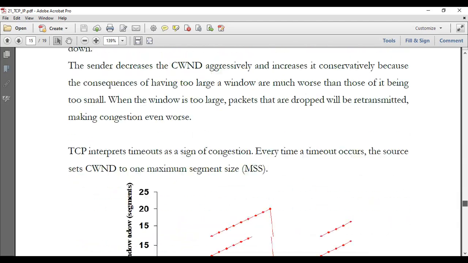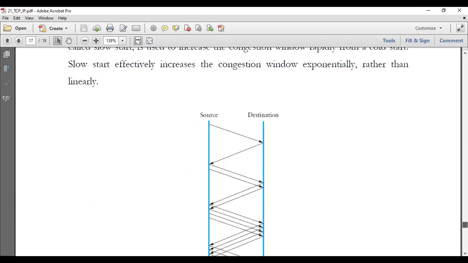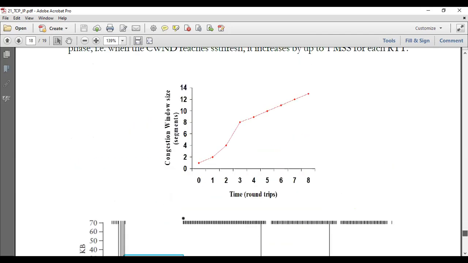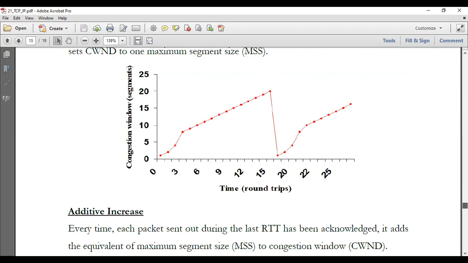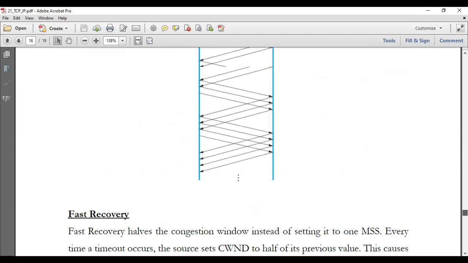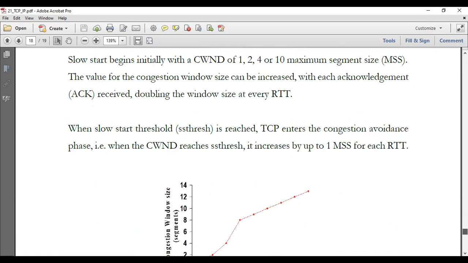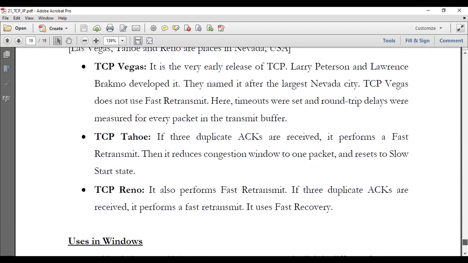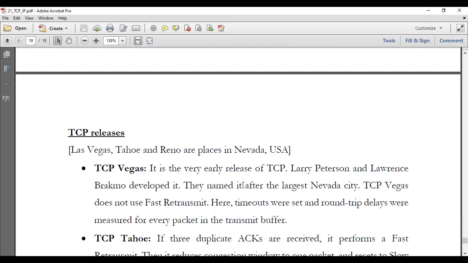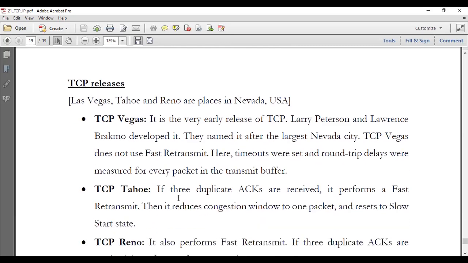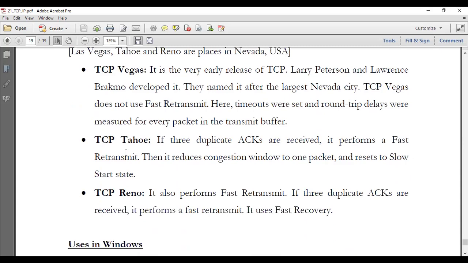Anyway, we were almost at the end. These are a few options: fast recovery, fast retransmit, slow start. It's up to you what you use in your particular TCP. TCP has come up with quite a few different versions. The earliest one did not have any of these three techniques, and it was called TCP Vegas.